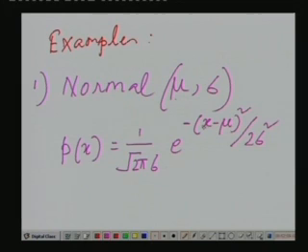You can see one thing, that since there is a square term here, this will be symmetric around mu. That is, whether x minus mu is positive or negative, we will get the same value, right? And when x equals mu, then only it will have its peak value. Then as this difference increases, since it is coming with a negative power, this decreases. So, it will have a peak value at x equal to mu, and then as you go to the right and to the left of mu, it falls down.